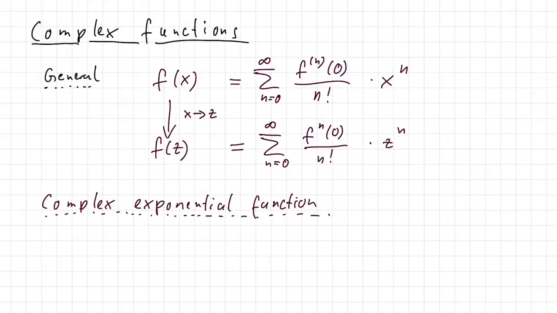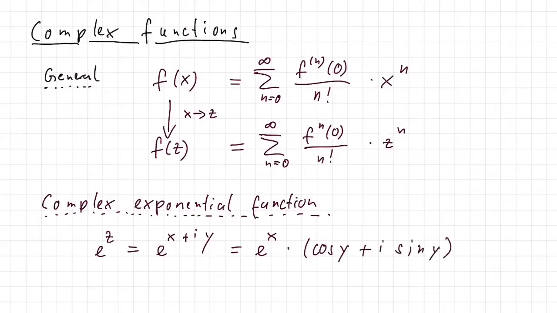So the complex exponential function, e to the power of z, which is e to the power of x plus iy, one can show, basically by using the Taylor expansion of the exponential function, that this is the same as e to the x times cosine of y plus i sine of y.